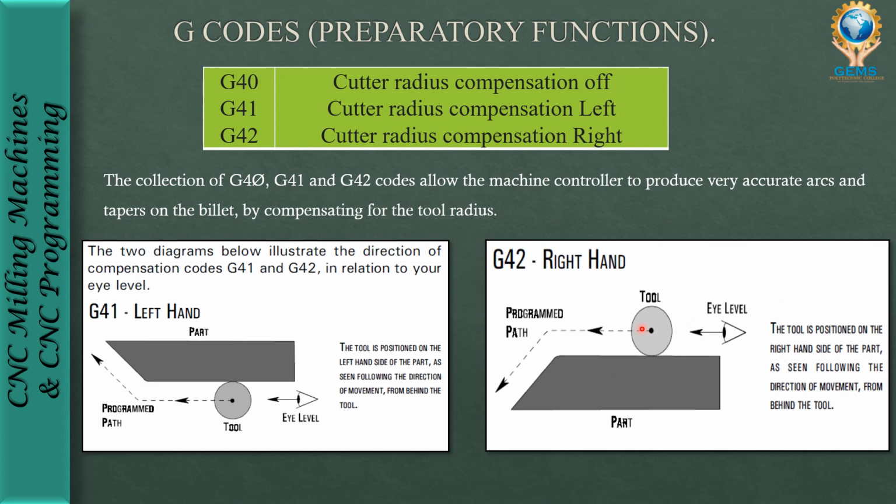If you see from behind the tool, the tool will move to the right hand side of the workpiece. Here the tool will move towards the left hand side of the workpiece, and here the tool will take the direction right hand side of the workpiece.